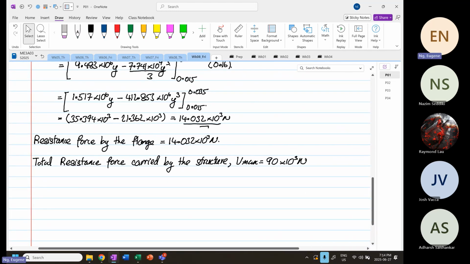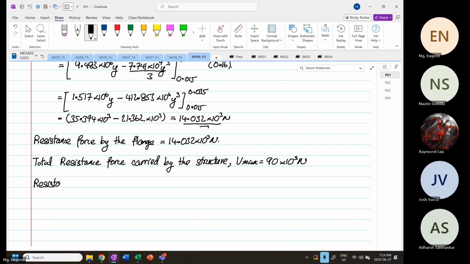So with this, we can immediately calculate the resistance force by the web, which is equal to 90 times 10 to the power 3 minus 14.032 times 10 to the power 3, which is equal to 75.968 times 10 to the power 3 Newton.